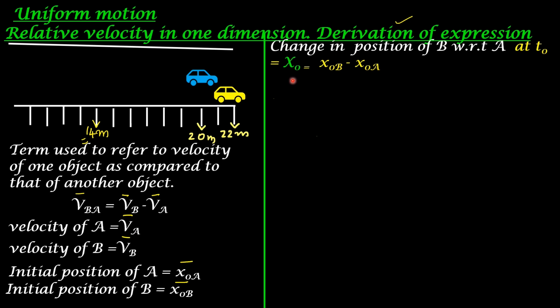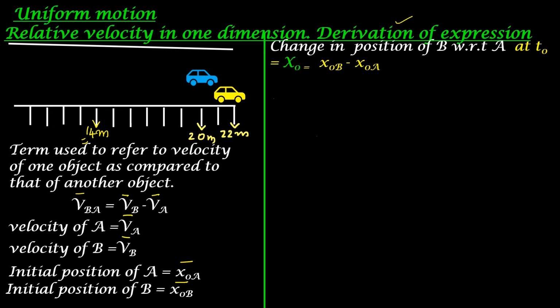Velocity is change in position divided by time. What will be relative velocity? It will be relative change in position divided by time. In order to find out the relative change in position with reference to time, we first consider a certain time, say t. After t seconds, what will be the position of object B and object A?